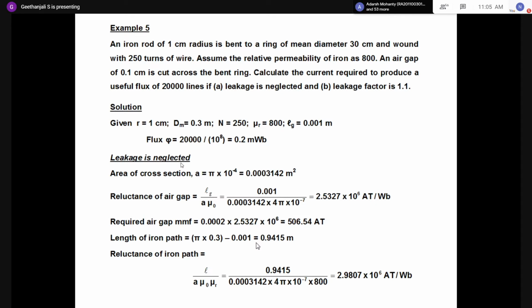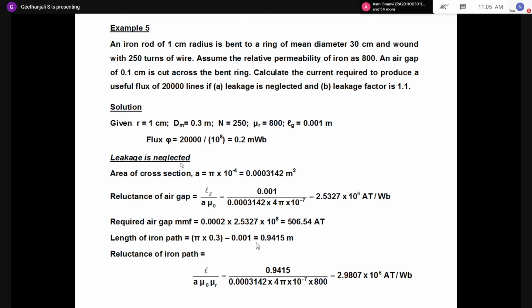Pi into 1 into 10 power minus 2 whole square is 10 power minus 4. So the area of cross section is 0.00314 meter square.